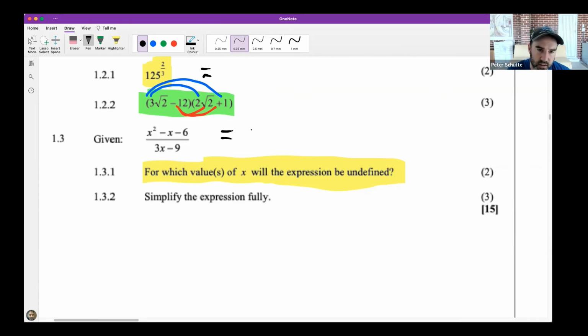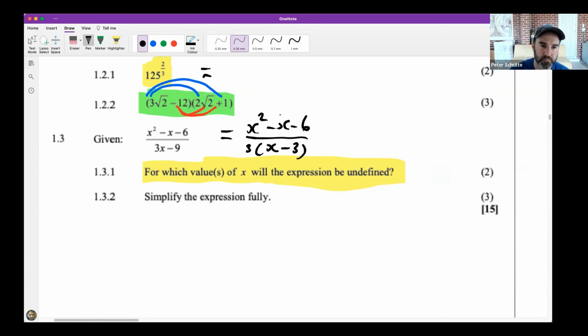I'll give you one other hint. I'm going to factorize the denominator. And so I want to know, does that help you see what would cause division by 0?